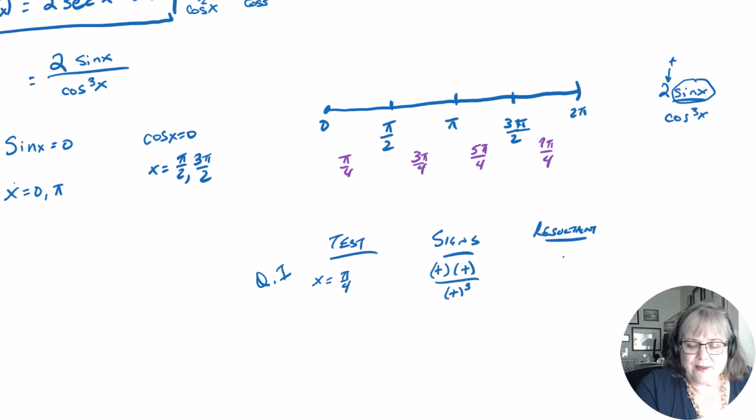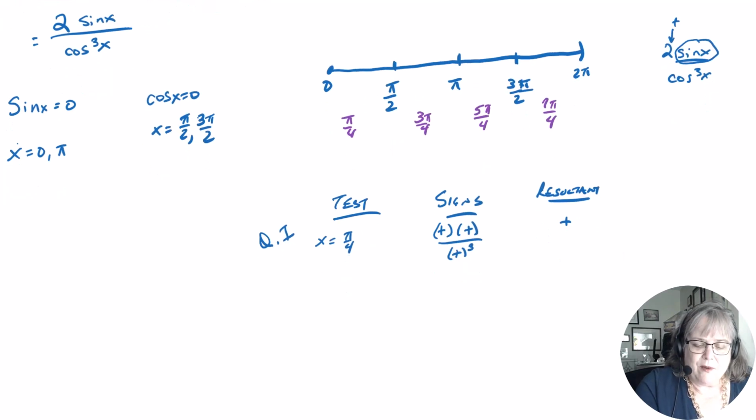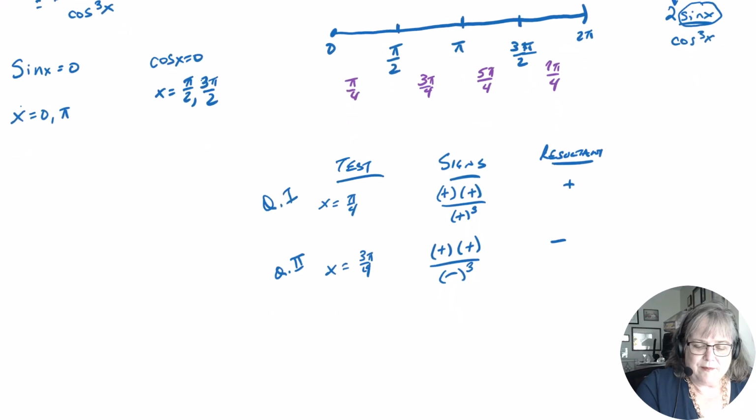All right, so this is positive, right? If you have x is equal to 3 pi over 4, you're in quadrant 2. The 2 is always positive. Sine of 3 pi over 4 in quadrant 2 is positive. In quadrant 2 cosine is negative. So you have a negative cubed. So this turns out to be negative.